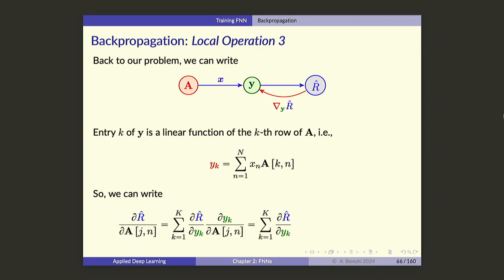That entry could potentially show up in every single y, so you expand it in this vectorized form of the chain rule. But when you expand it, you see that y_k, its partial derivative with respect to A of index j and n, is only going to show up when k is exactly j. So you're going to have this expression.